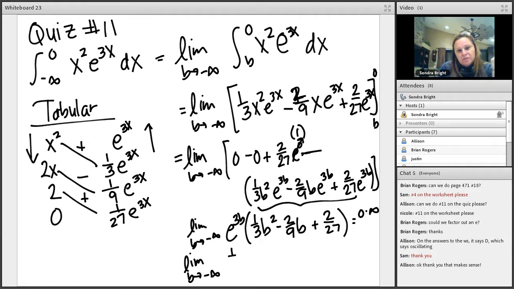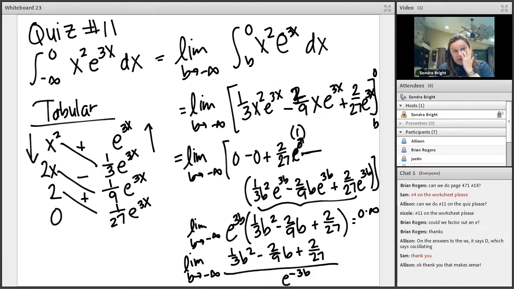I'm going to write it as 1/3 b squared minus 2/9b plus 2/27, and then divide it by e to the negative 3b. Since dividing by a negative exponent, it ends up being positive like that. Okay, so I'm going to rewrite that on the next page.